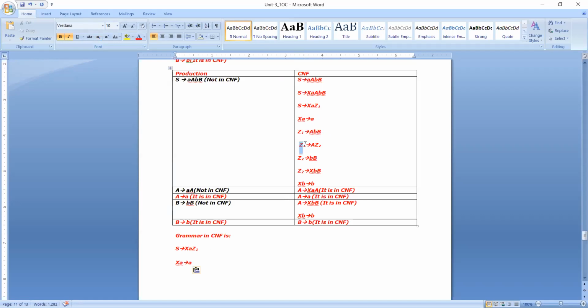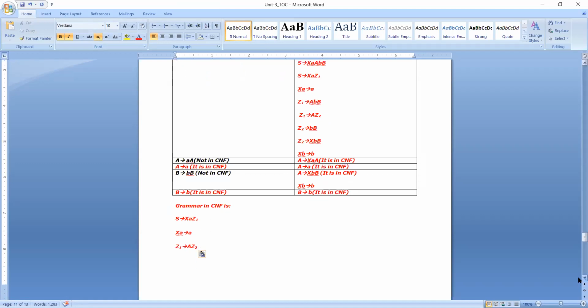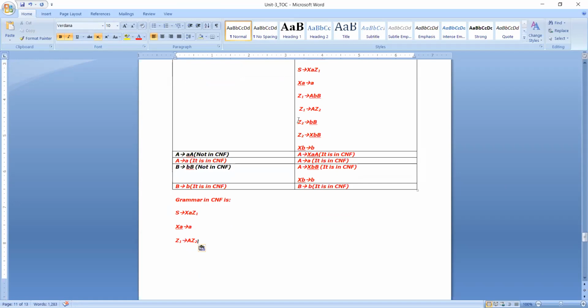And what about Z1 productions? These are the Z1 productions, Z1 derives to these productions. And we need to specify Z2 and XB productions also. Have a look at this.